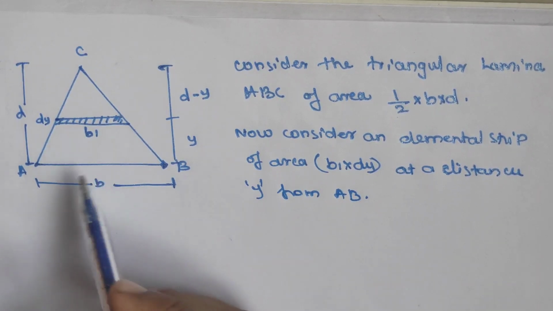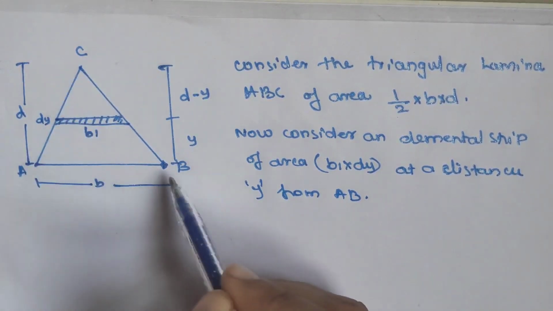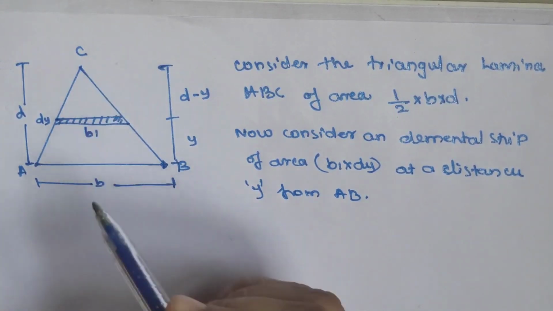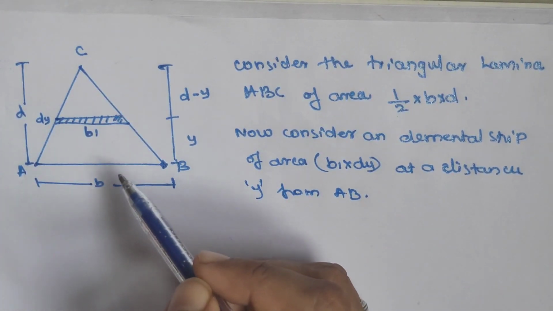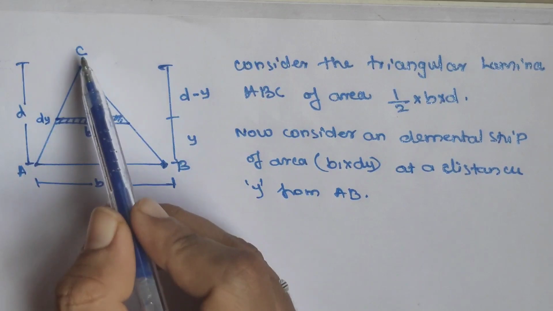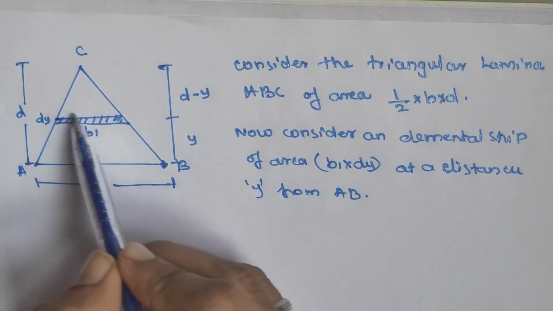Now we can take ABC and this small triangle. Both triangles are similar triangles, the bigger one and this smaller one.